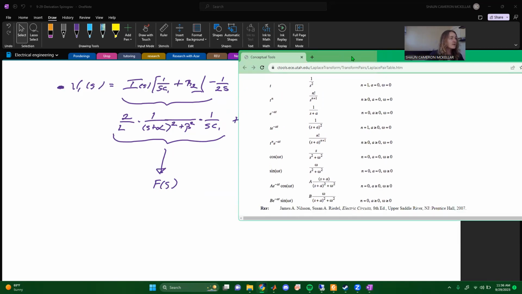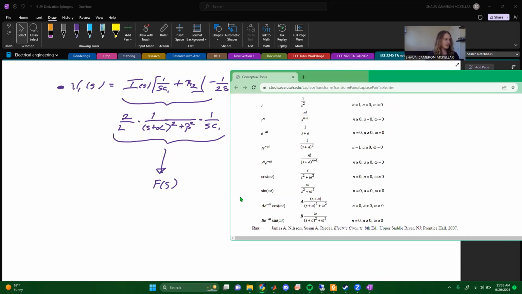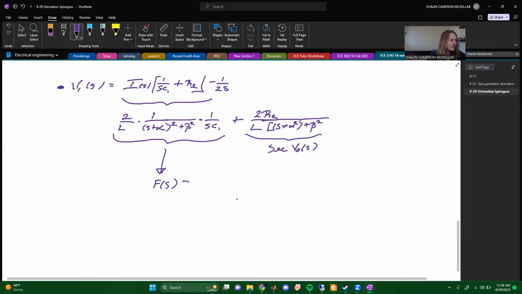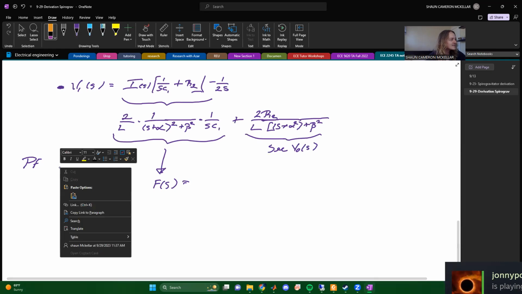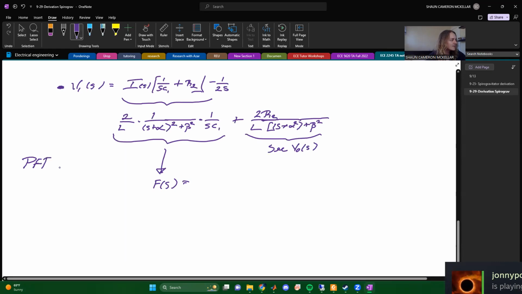So we have to go with a more complicated approach of partial fraction decomposition. And normally, I'll call that partial fraction decomposition, PFD, not personal flotation device, but PFDs are usually pretty easy to work with.